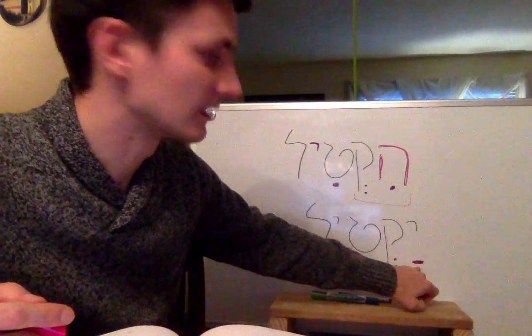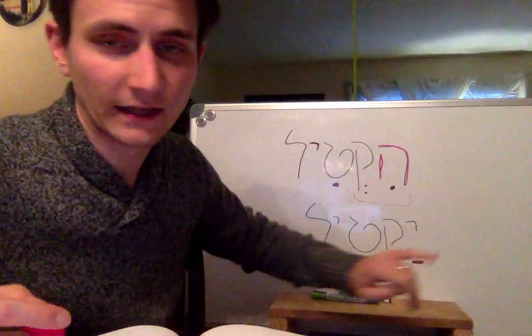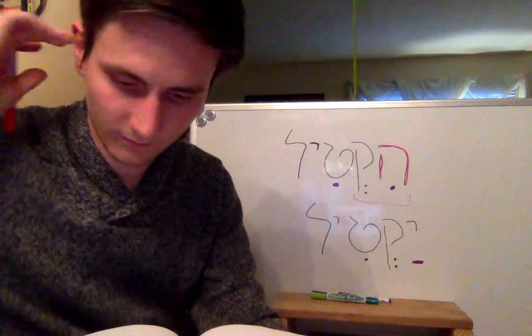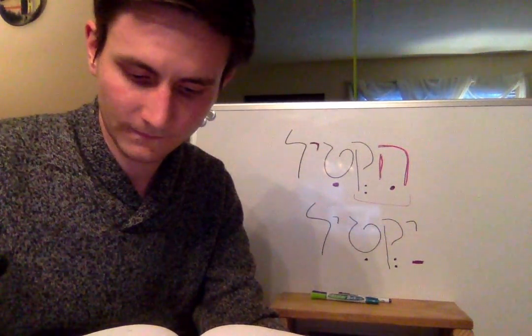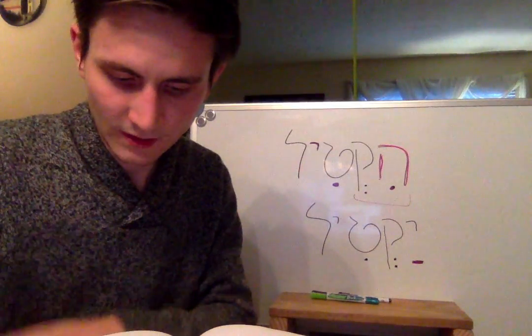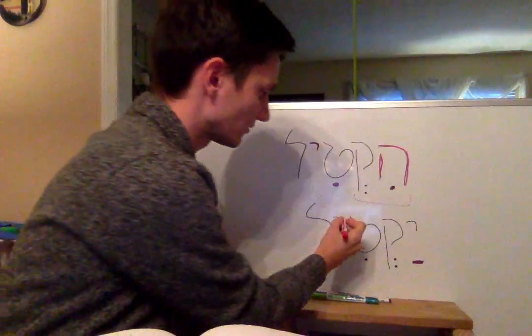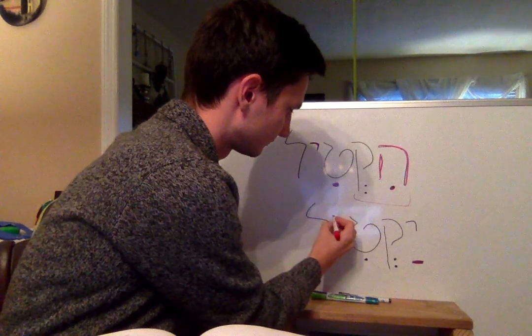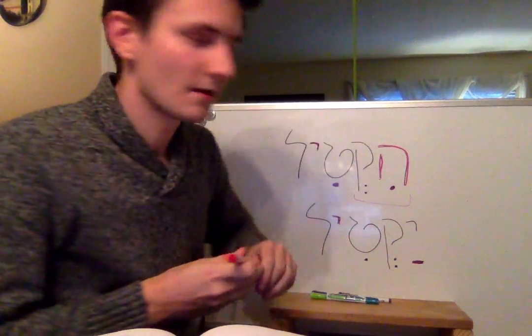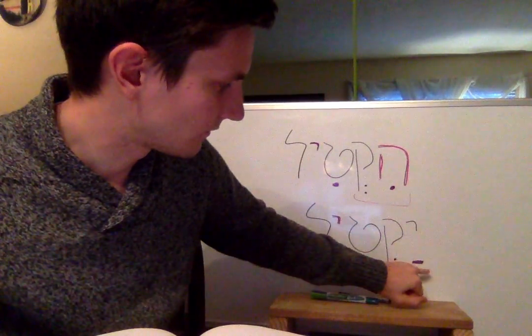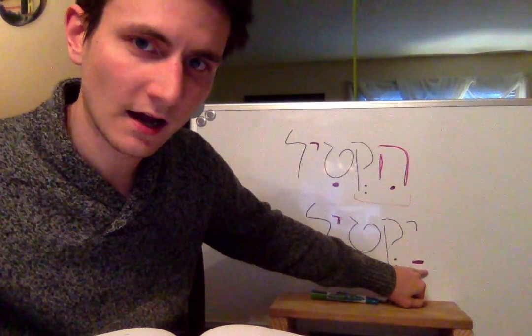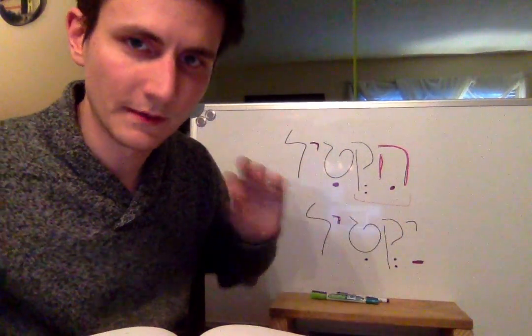So this is yaktil. That's the 3ms form for the he-fil of katal. Okay? Sometimes you still get this infix yod, so that can also be a clue. But not always. So the patach right there, the short, is the biggest clue.